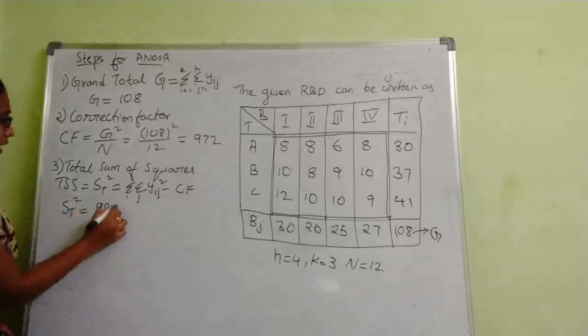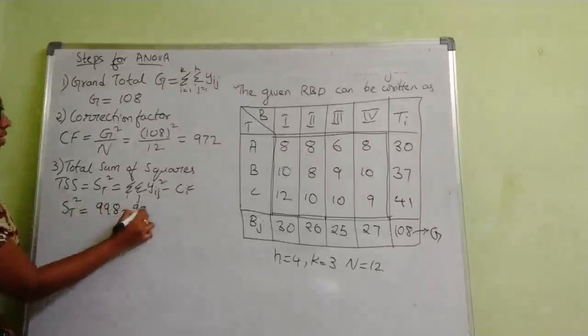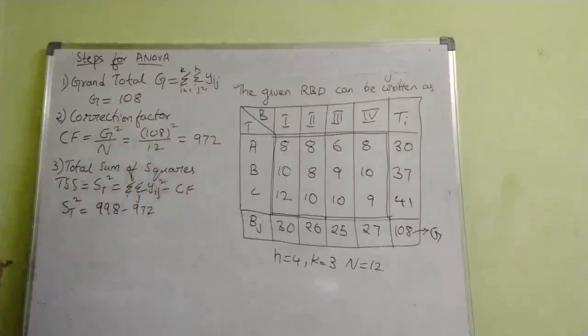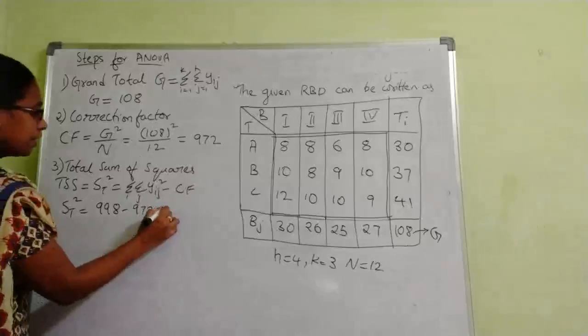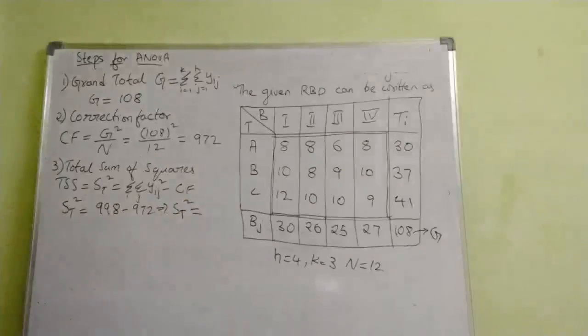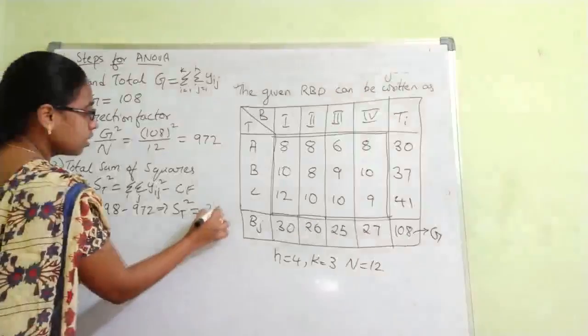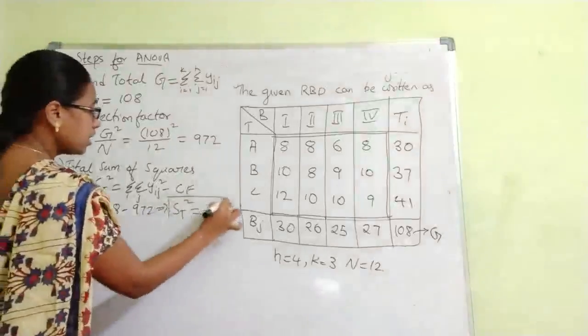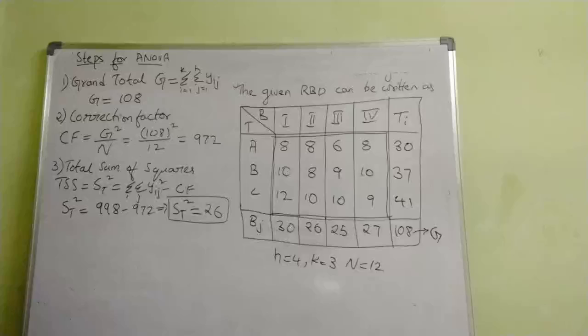So 998 minus 972, the correction factor value is 972, right? So ST square is 998 minus 972, which is 26. So we get the total sum of squares as 26.